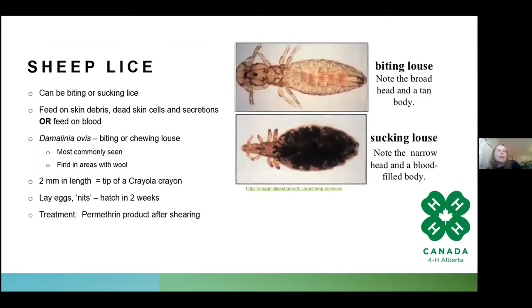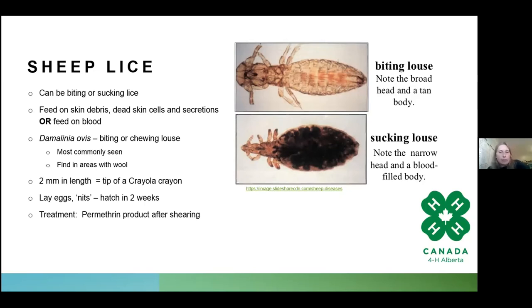All right, so the next parasite is going to be lice. The most common louse in sheep in this area is the biting or chewing louse, Damalinia ovis, and ovis is short for sheep. If you look at the pictures on the right, the top one is a biting or chewing louse, and if you look at his mouth parts, he has a very broad snout so that he can feed on debris, dead pieces of skin, secretions, and little loose blood on the skin.